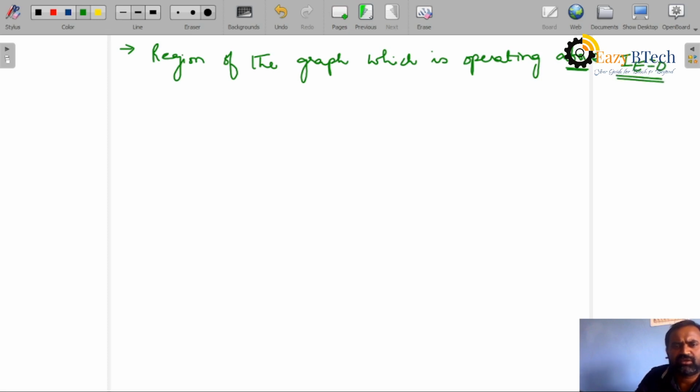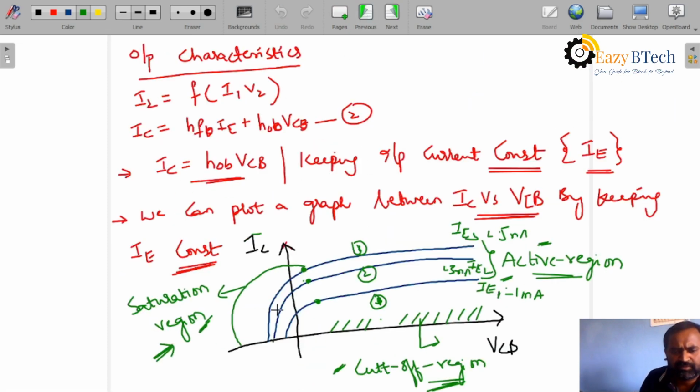Above IE equal to 0, as in the previous diagram you can see. Now this is the saturation region. It means the current IC is above the zero current. Is it clear?